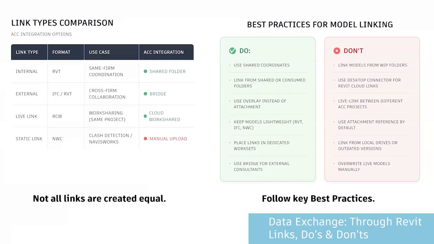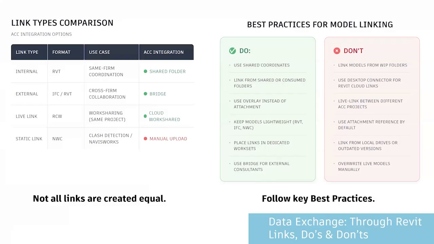Now let's zoom in on how data exchange actually happens when we're working in Revit. Data exchange in Revit typically refers to sharing or linking methods. These slides bring it all together, both the different types of links we use in Revit and the best practices that go along with them.